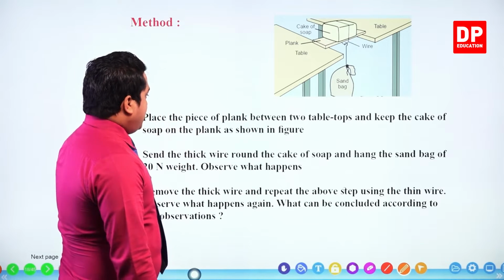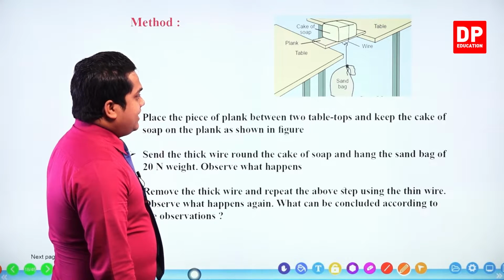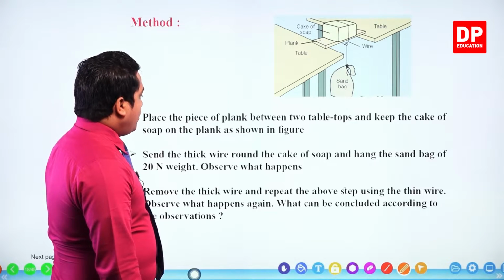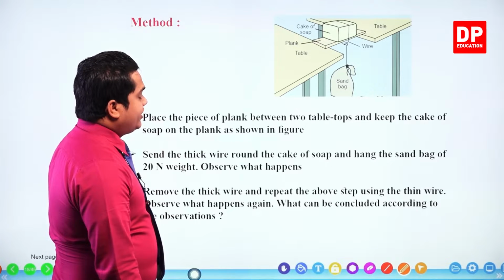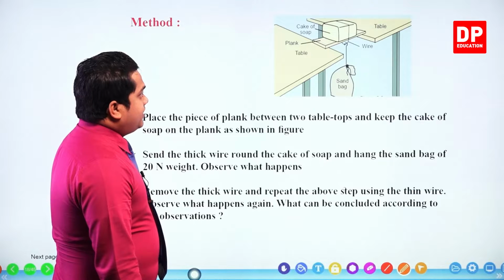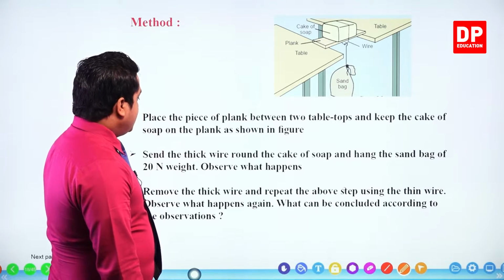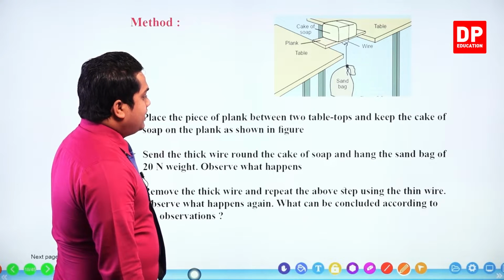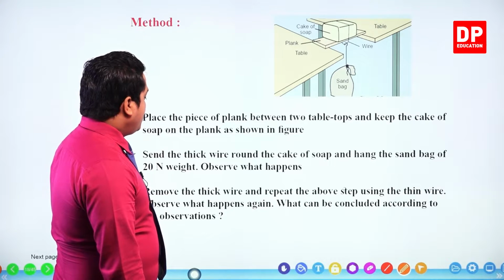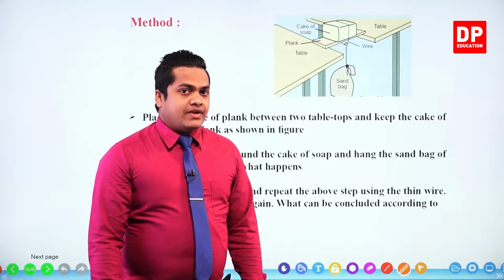Once again, place the piece of plank between two tabletops and keep the cake of soap on the plank as shown in the figure. Send the thick wire round the cake of soap and hang the sandbag of 20 Newton weight. 20 Newton weight means around 2 sandbags, right?